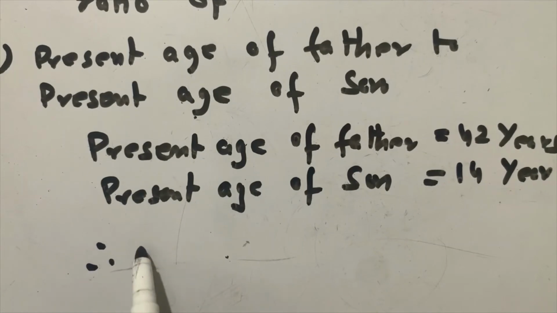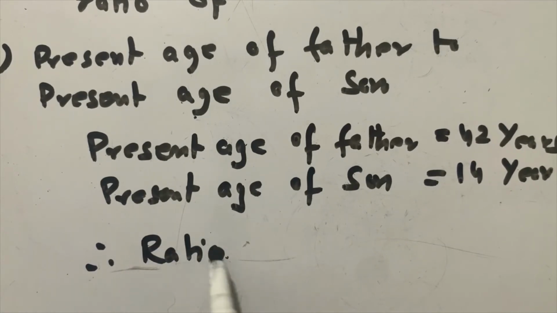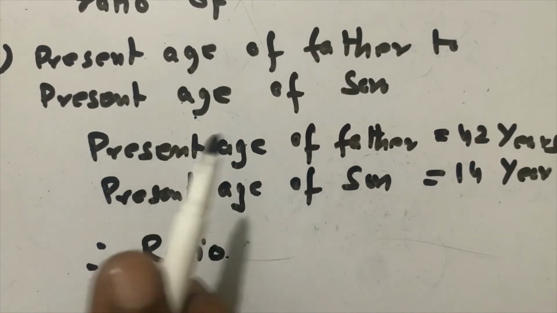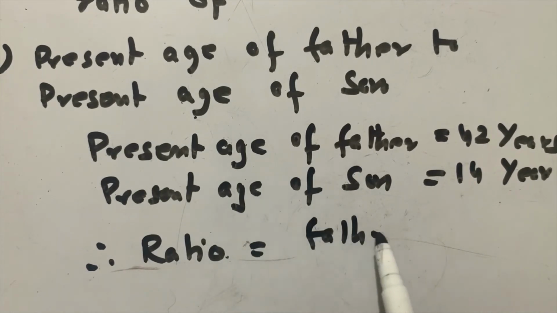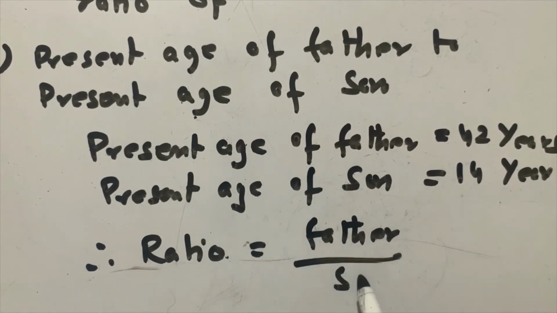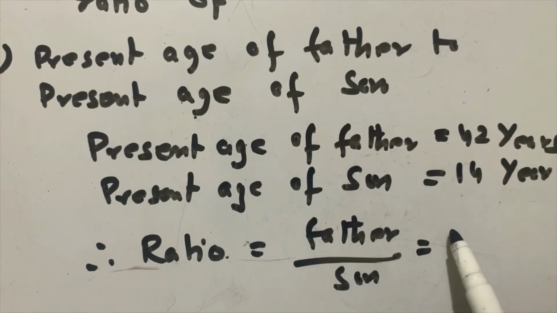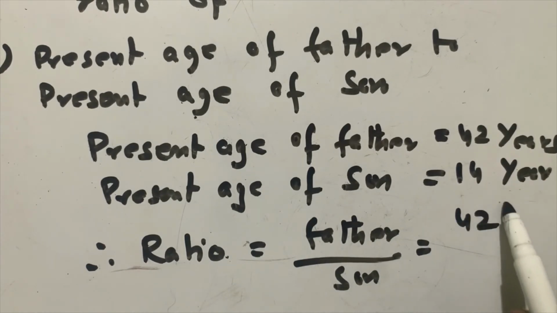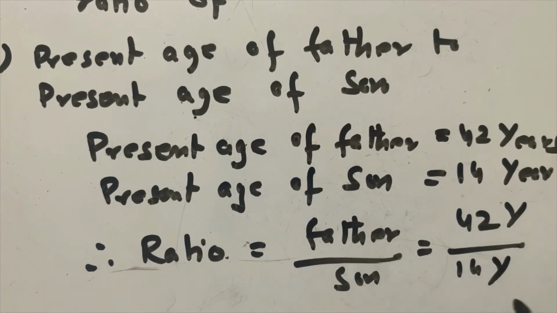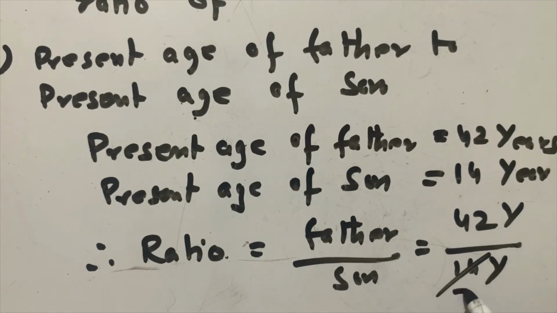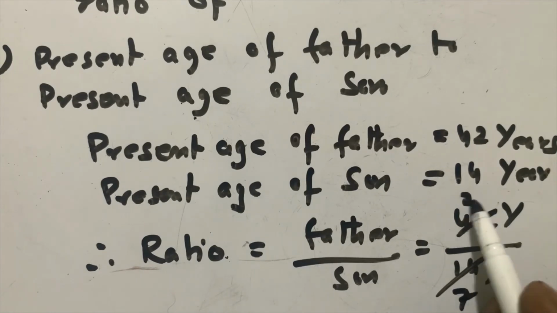Therefore, the ratio of present age of father to the present age of son, father to son: father is 42 years and son is 14 years. Now we will read the table of 2: 2 7s are 14, 2 2s are 4, 2 1s are 2, 7 is 7.